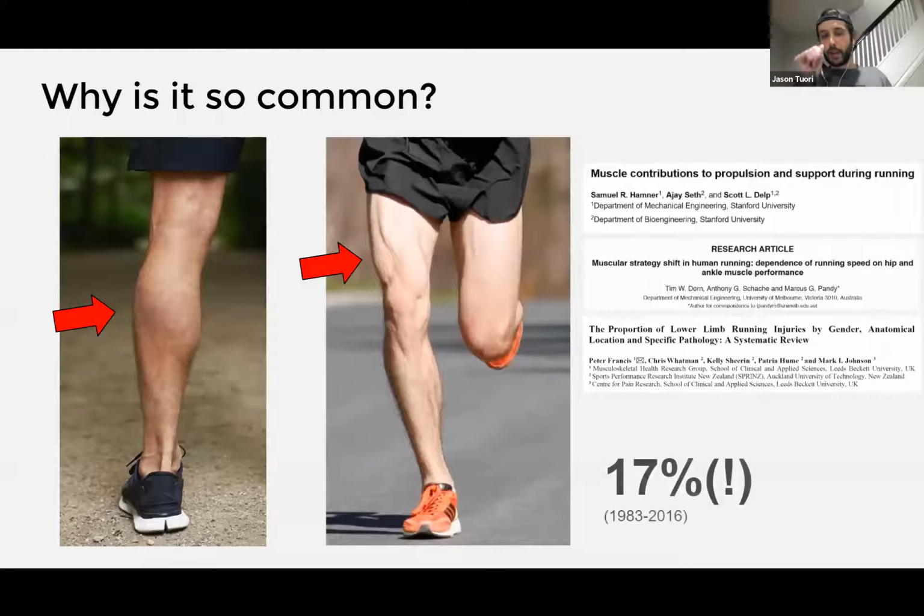Why is it so common? And why did we pick this as the first specific injury presentation? Well, from 1983 to 2016, 17% of all running-related injuries that have been recorded have been patellofemoral pain syndrome, or patellofemoral pain as it's now called. The syndrome was actually dropped a couple of years ago because they felt like they finally had enough information to stop calling it a syndrome, which, in medicine, is just a collection of symptoms that are associated when we don't know what's going on.